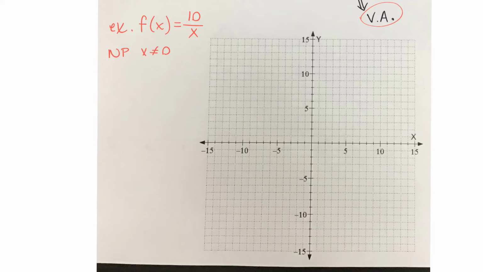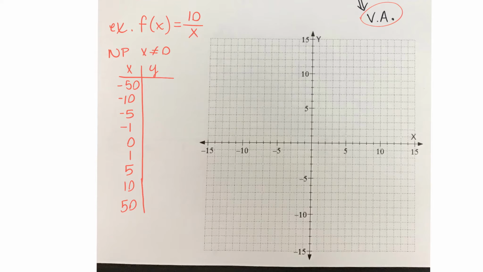So let's make ourselves a quick table of values just for funsies. Here's my x, here's my y. I'm going to go -50, -10, -5, -1, 0, 1, 5, 10, and 50. Let's see what happens. How does this look different than a reciprocal function?